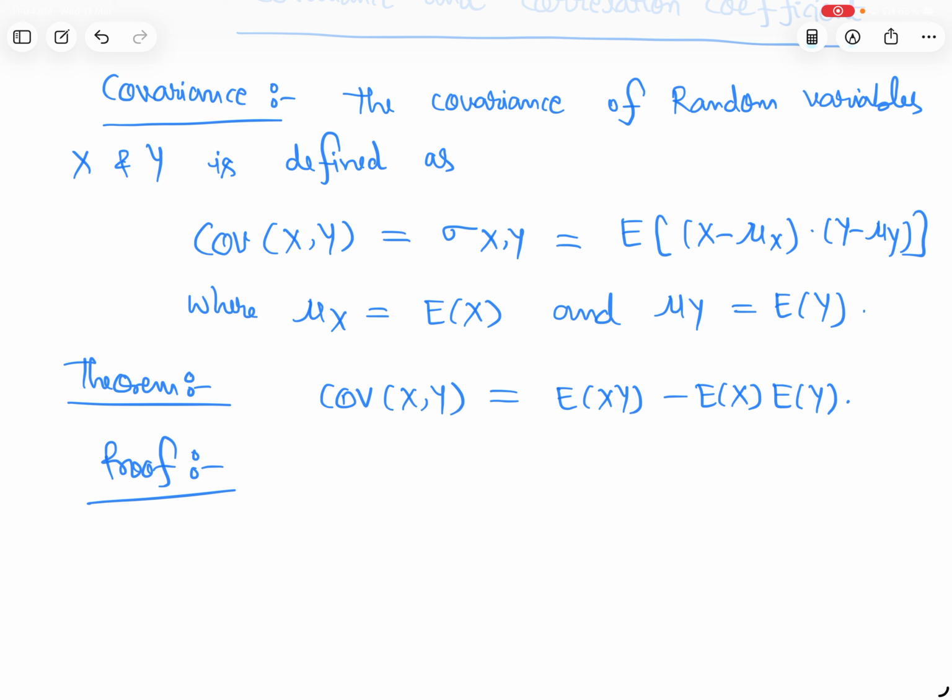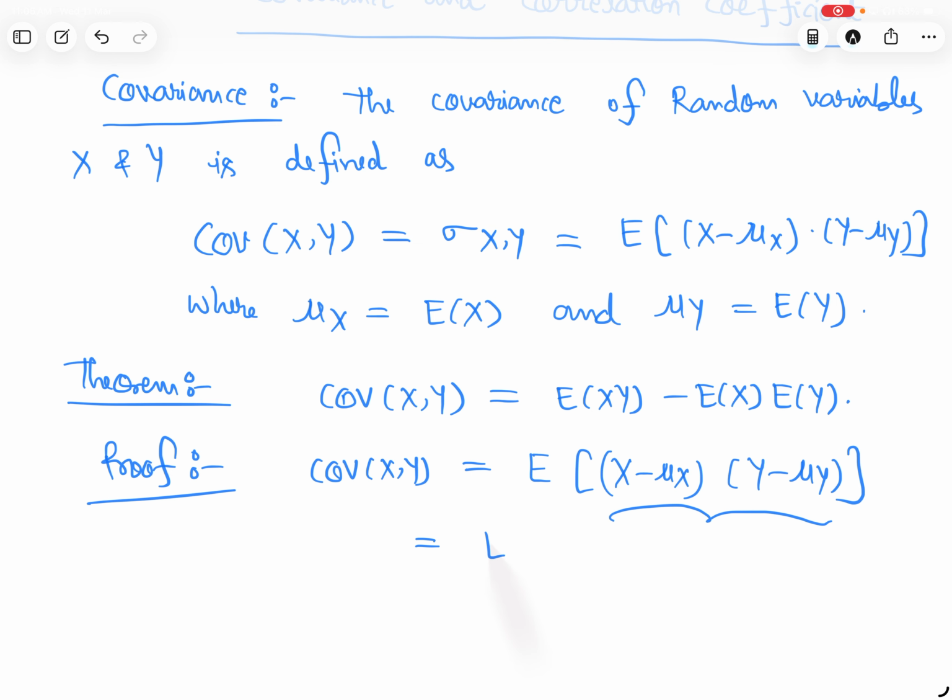Okay. So we are going to prove it. So covariance xy. What is the formula for this? This is nothing but expectation of x minus mu x, y minus mu y. So open the inside thing. Calculate the inside thing.